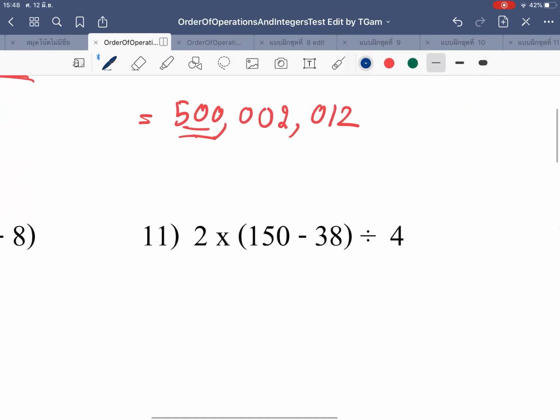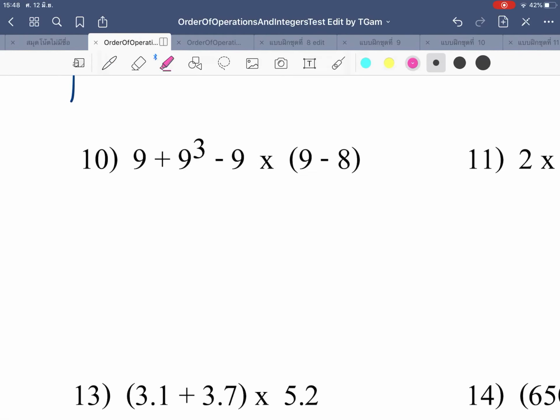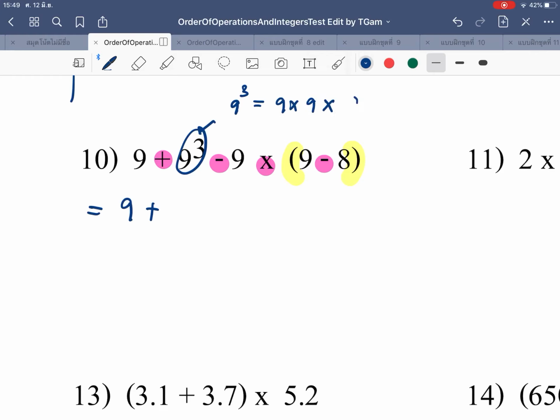The next one, number 10. We have addition, division, multiplication, subtraction, but we also have a bracket here. So what you have to do, you just take 9 cubed. 9 cubed is 9 times 9 times 9.